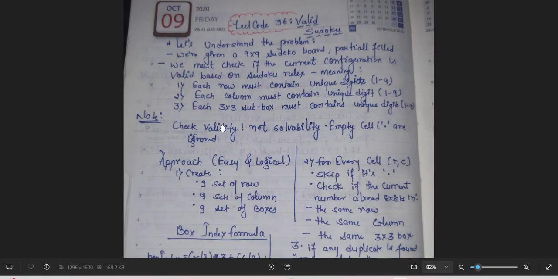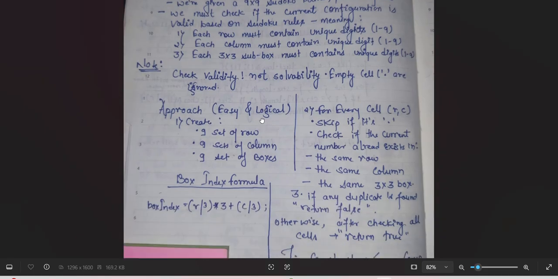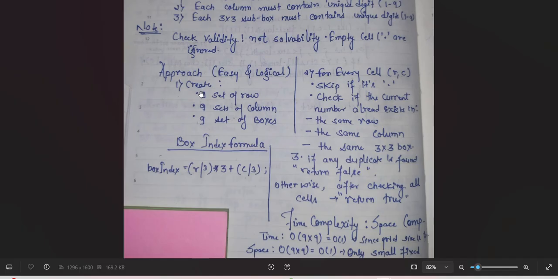So the approach with the easy logic is: create 9 sets for rows, 9 sets for columns, and 9 sets for boxes. This is the first step we are going to see in our example. The next thing is, for every cell, with its row and column, skip it when there is a blank or a dot.